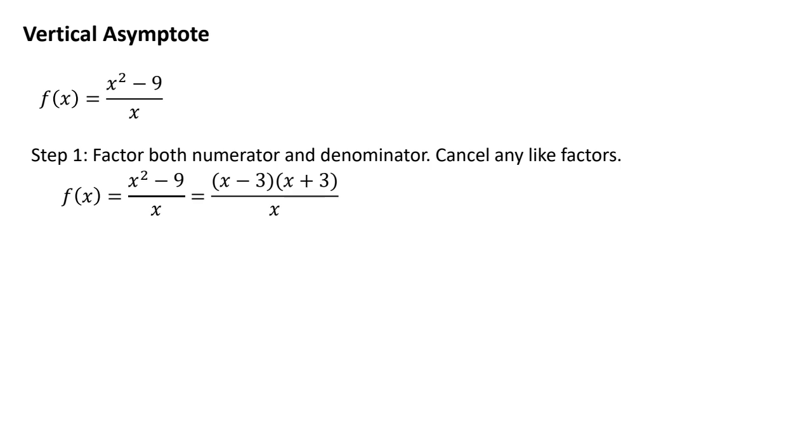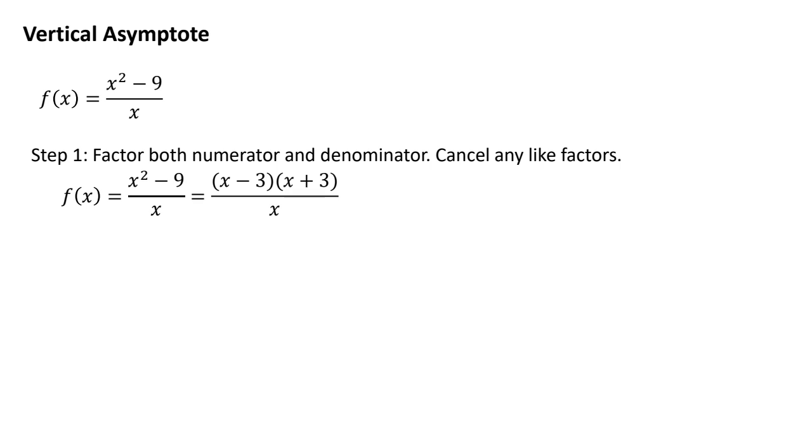Sometimes simplifying eliminates one of our asymptotes, and that asymptote would just be a gap in the graph, a hole.